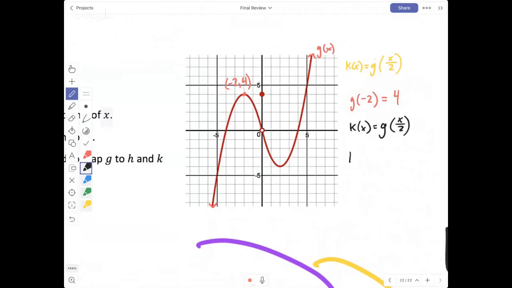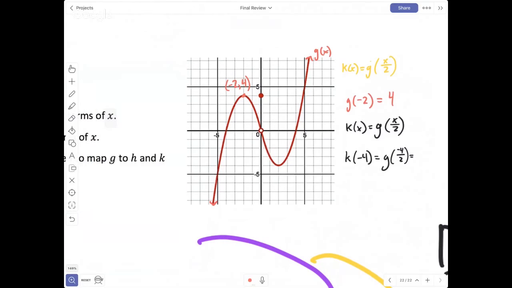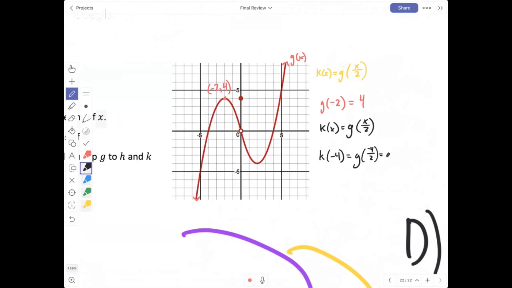So I'm going to say k of -4 will equal g of -4 over 2, which is g of -2, which equals, because we just wrote it down, 4.